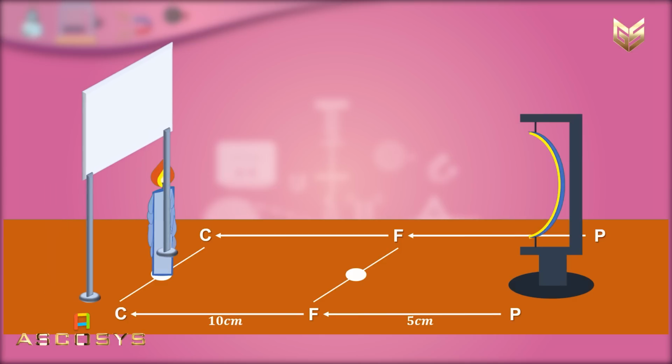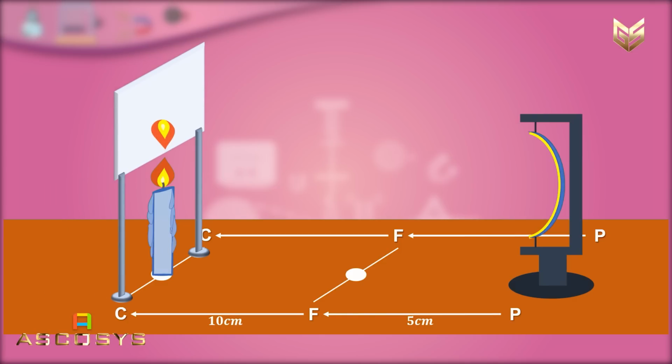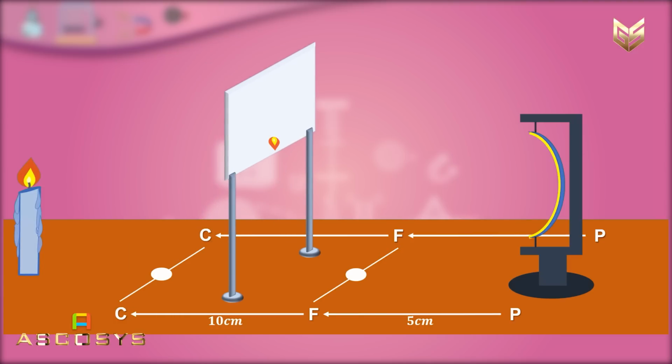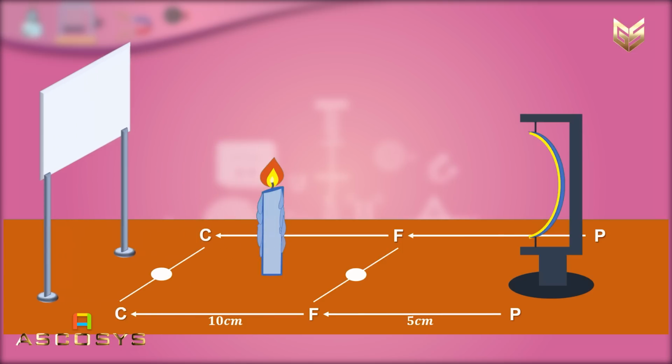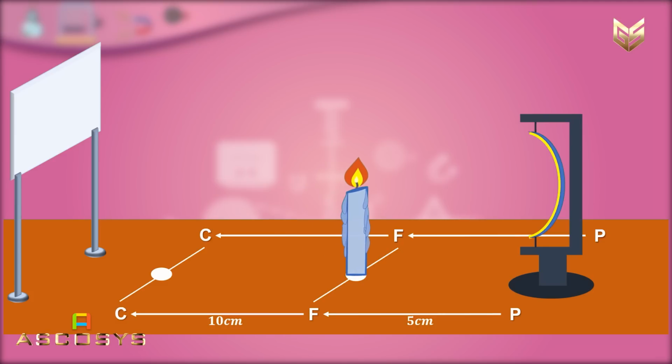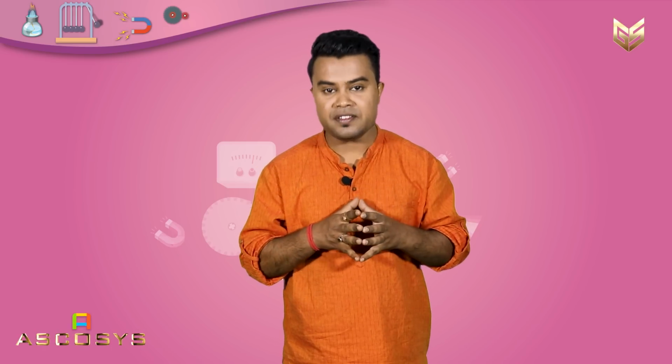Therefore, for different positions you try to find out the image. You will see that the image formed is real and inverted. The flame will be seen on the cardboard real and inverted, as shown on the screen. You keep on moving to different positions and find the final image formation. So this is how you can experiment by yourself, having studied image formation by a concave mirror.